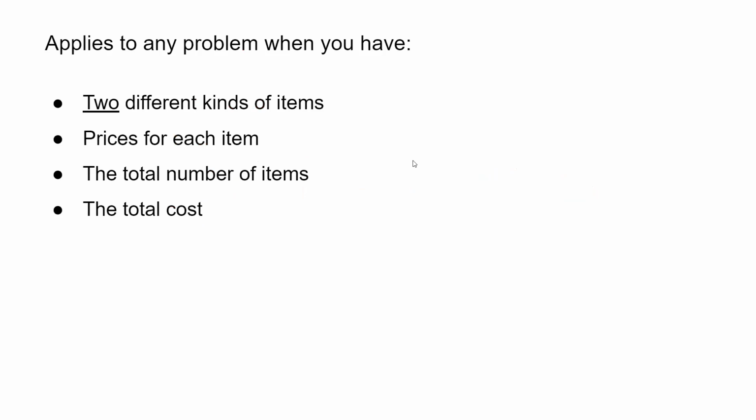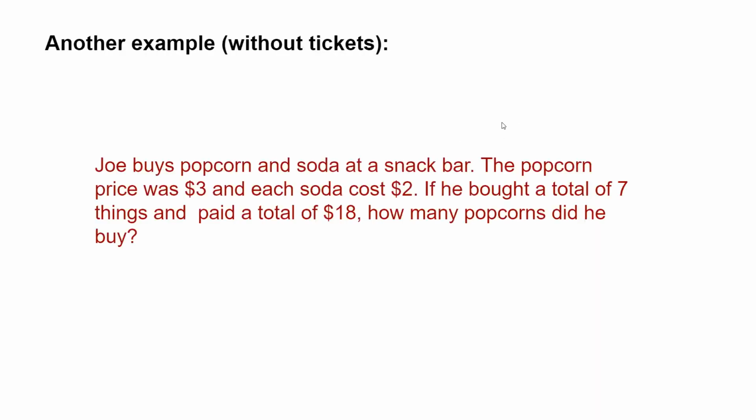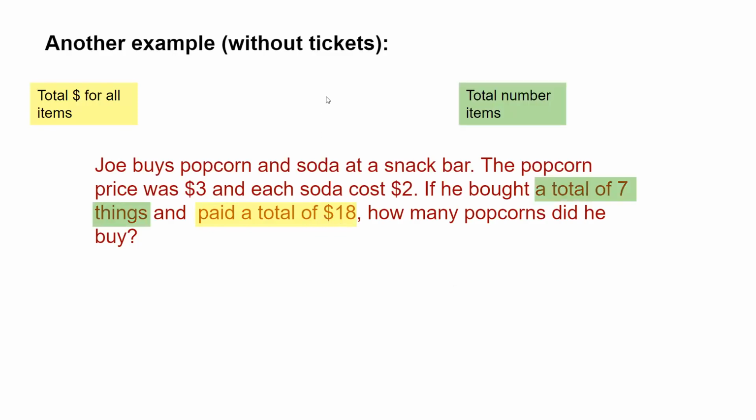Let's look at a different kind of example that fits the same problem category. Joe buys popcorn and soda at the snack bar. The popcorn price was $3 and the soda cost $2. If he bought a total of 7 things and paid a total of $18, how many popcorns did he buy? So we have the total dollars for all of the items, 18.